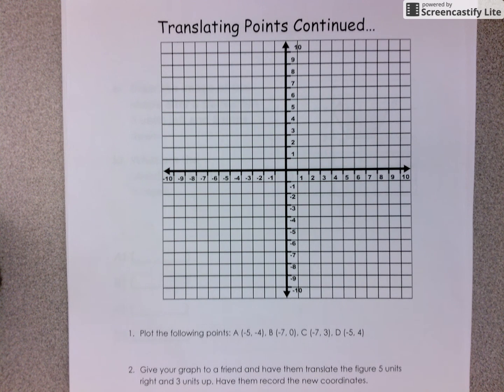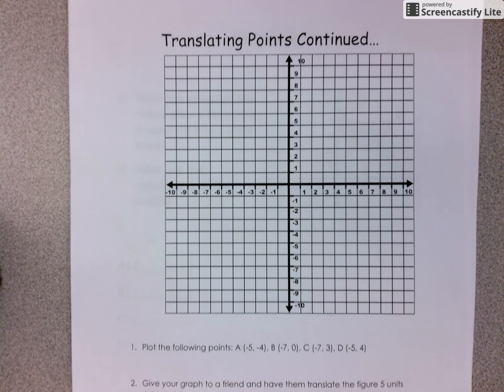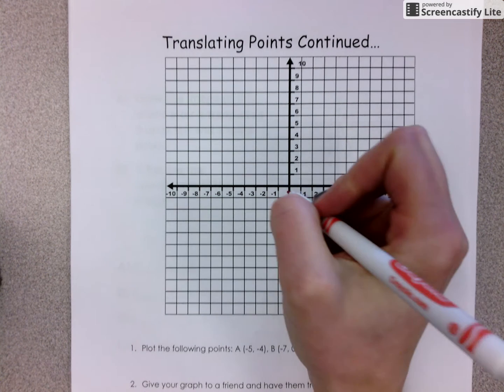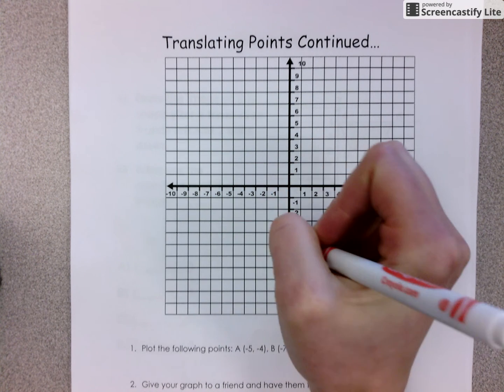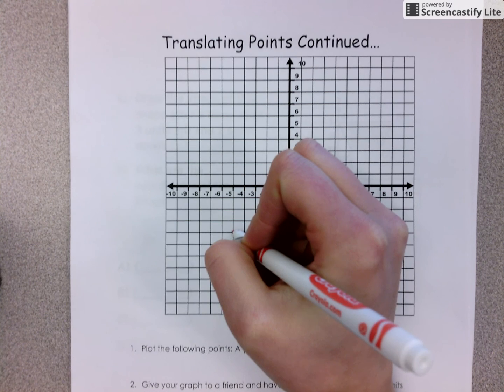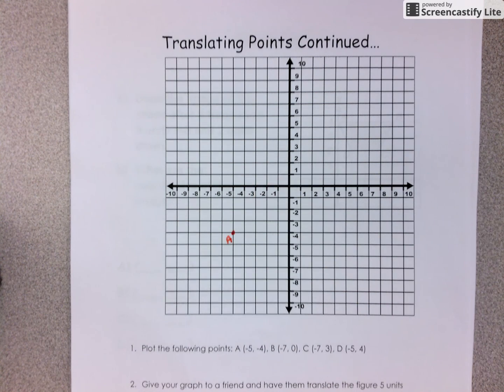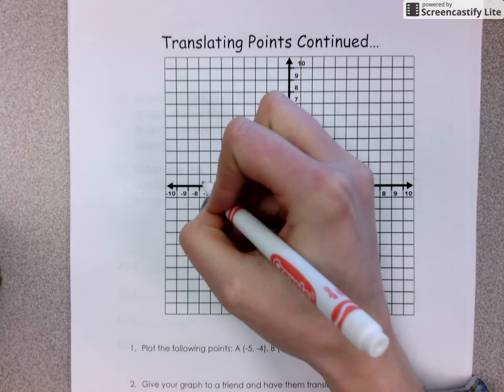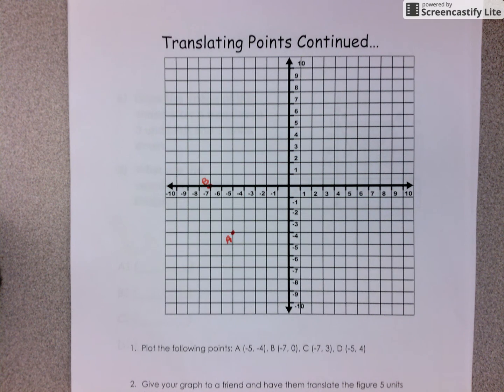All right, looking at the next page now, we just have another example to do. This time we are plotting the points. A is -5 and -4. So go ahead and plot that. B is -7 and 0. So right on that x-axis again. That's B. And C is -7 and 3.